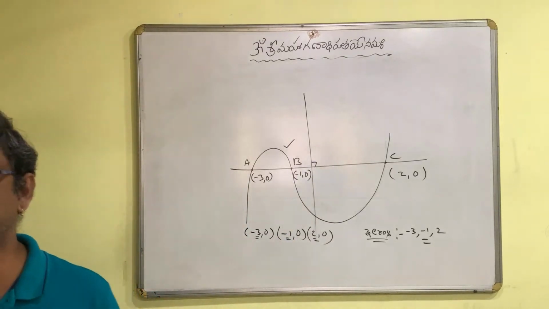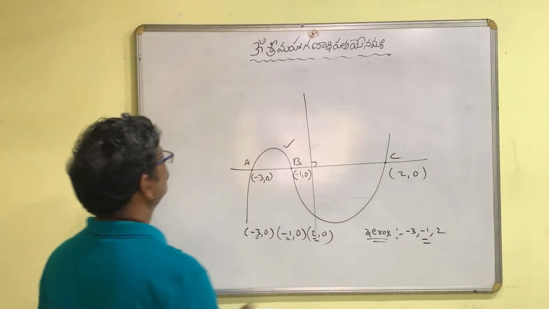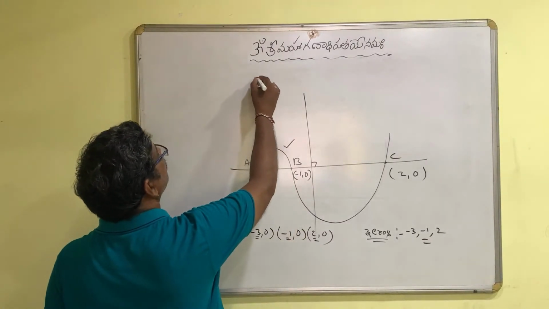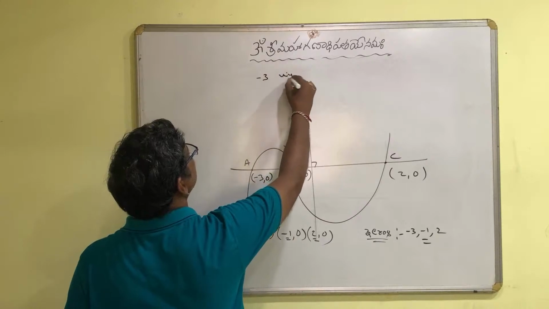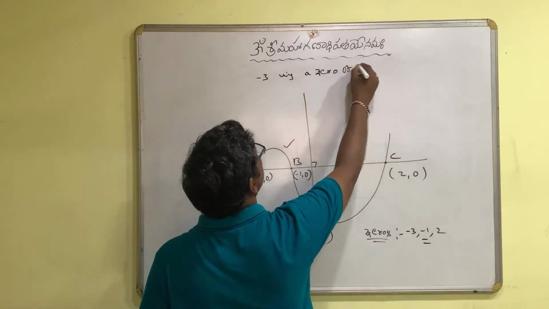Then how to find out the polynomial? -3 is a zero of x plus 3.